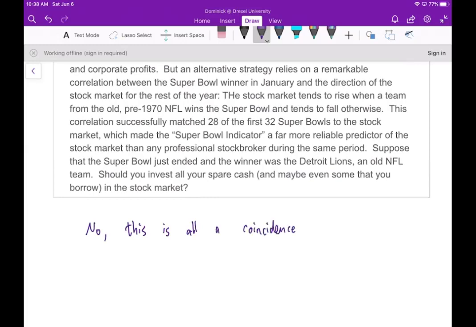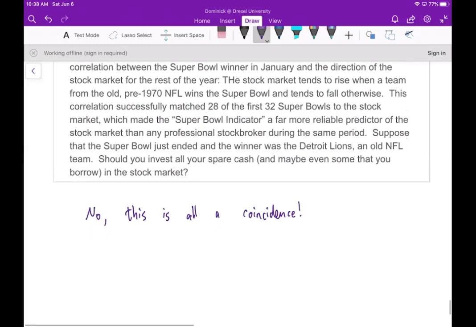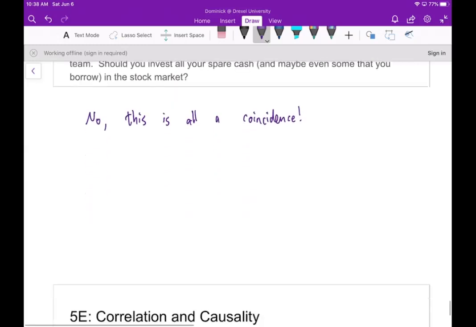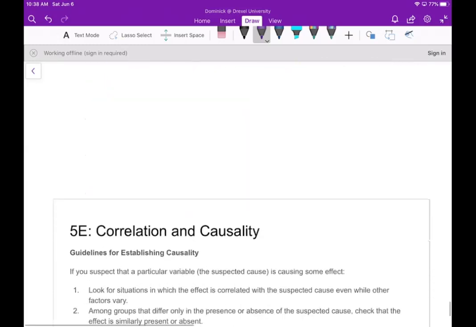Right? Even though it's sort of a remarkably accurate coincidence, there's no telling that it will be just as accurate for the next time, right? So the fact that it's a coincidence is something that you have to keep in your mind.